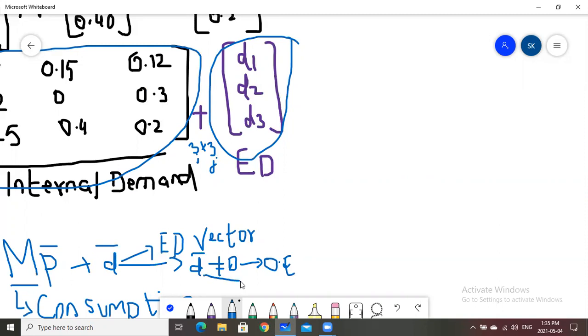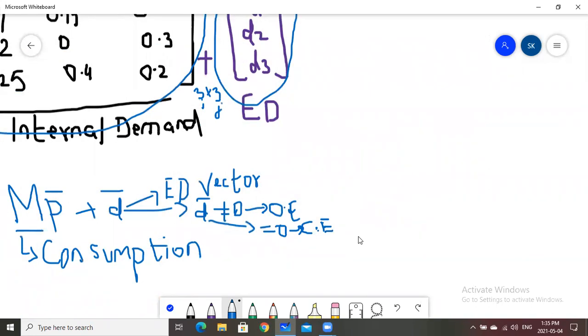But if the value of D bar is equal to 0, then we are concerned with the closed economy. So for closed economy, there is no external demand, whereas for an open economy, there should be an external demand. This is the difference between open economy and closed economy.